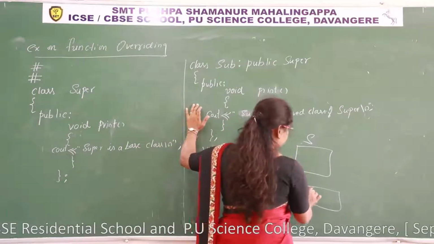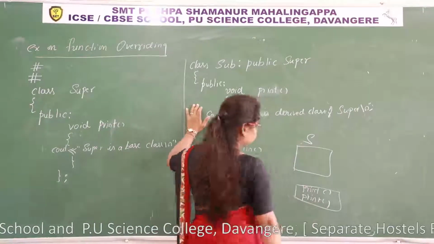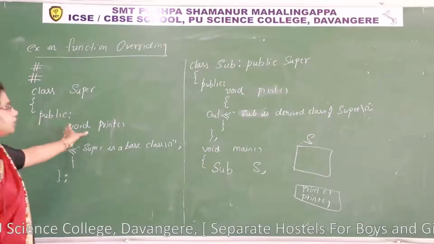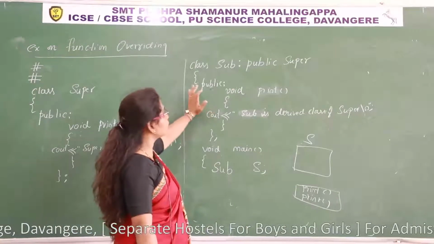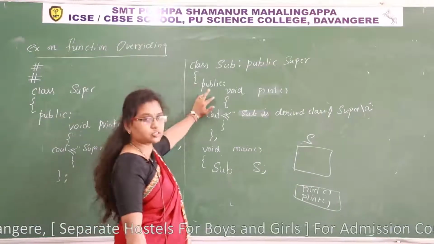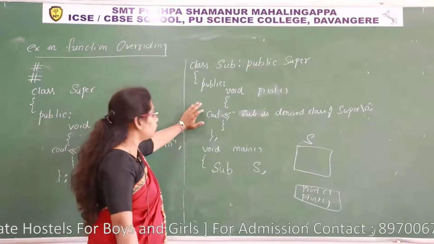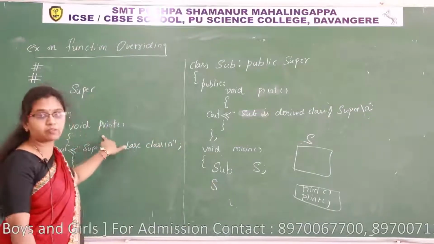So two member functions, print and print. The public members are inherited to the public section of the derived class, so the public section of the subclass has two member functions with the same name.